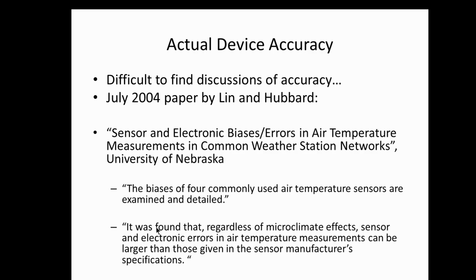And their conclusion was it was found that regardless of microclimate effect, sensor and electronic errors in air temperature measures can be larger than those given in the sensor manufacturer specifications. So this says that what you read in the manufacturer specs may not apply on actual devices.